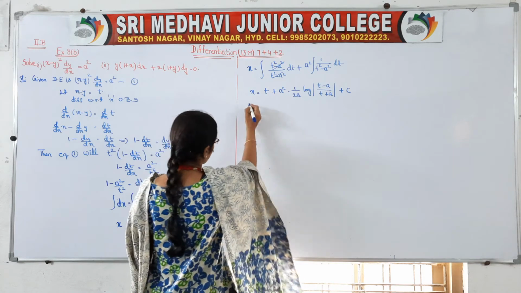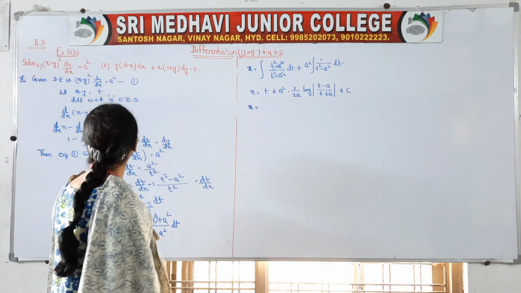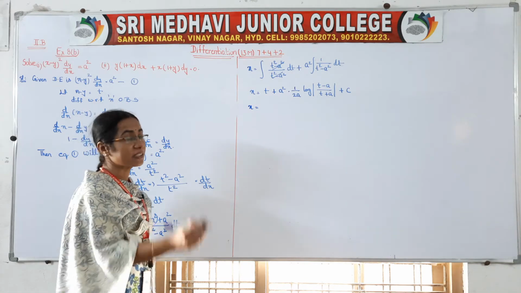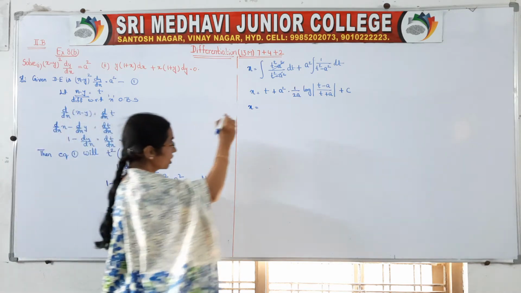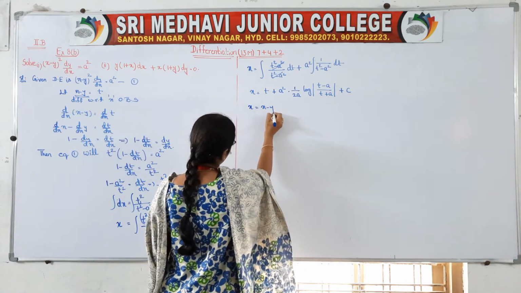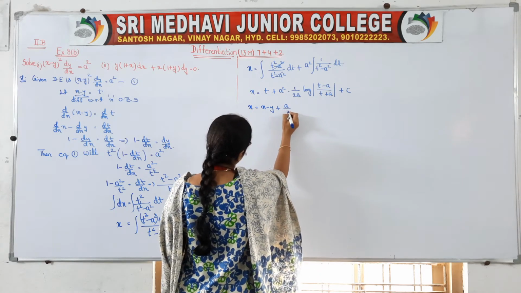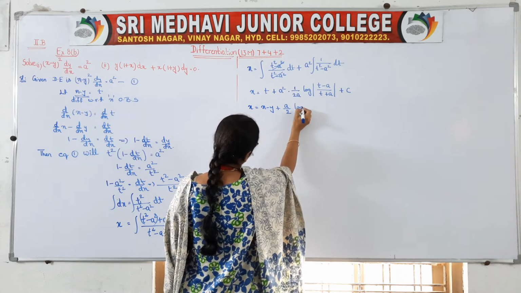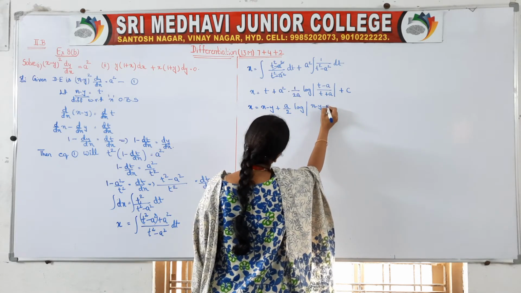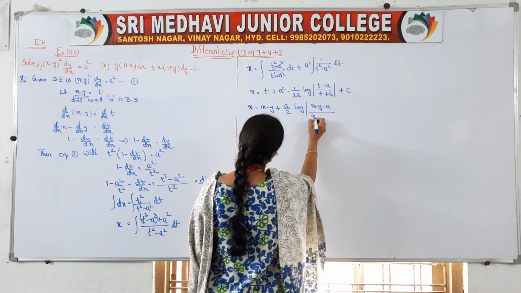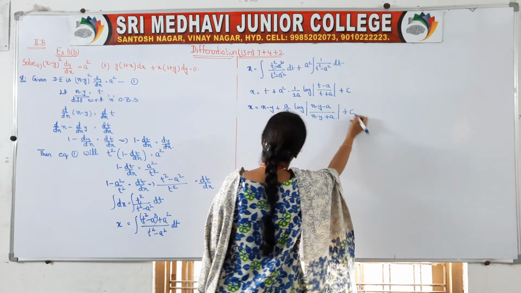Now in place of t, you substitute your original value. What is your t? We have taken t is equal to x − y, isn't it? So substitute it: x − y plus, here 1/a will get cancelled, a/2 log of mod (x − y − a)/(x − y + a) plus c.